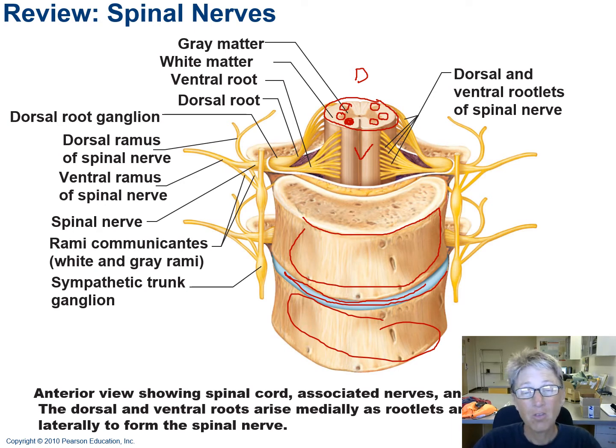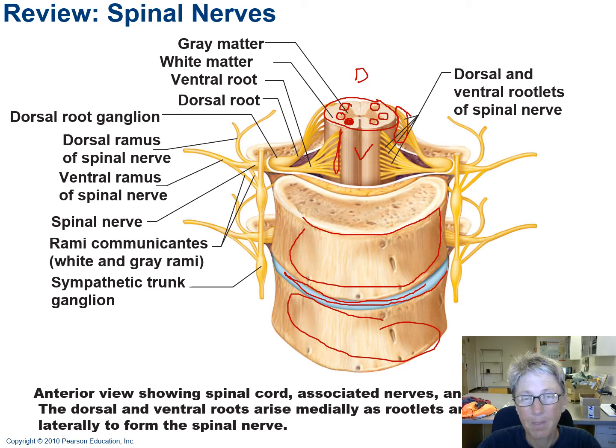They're actually rootlets of the spinal nerve. Now we're going to talk about spinal nerves, but spinal nerves have different parts and they branch a lot. So these would be the ventral rootlets of the spinal nerve, and then back here would be the dorsal rootlets of the spinal nerve.